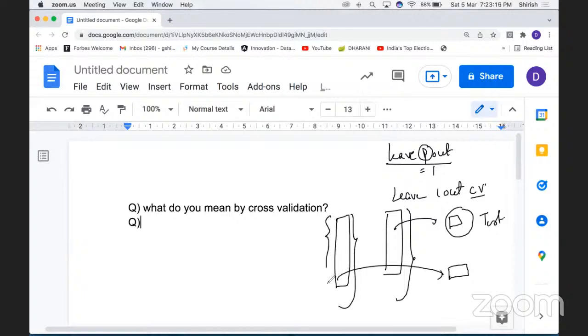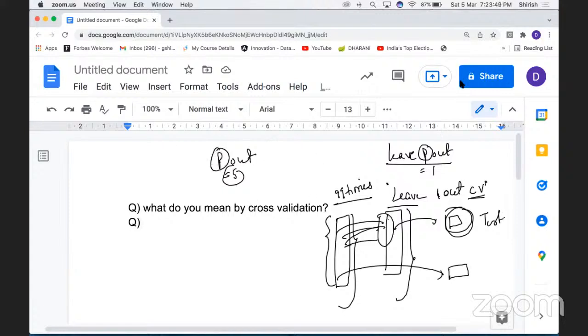If you have 100 data points, you are giving training 99 times and testing all the data points one at a time. It's exhaustive, but people still use it when you have very small data sets, not huge ones. When you say p out, P could be anything, say P is equal to 5, so 5 data points would come out and be used for testing.